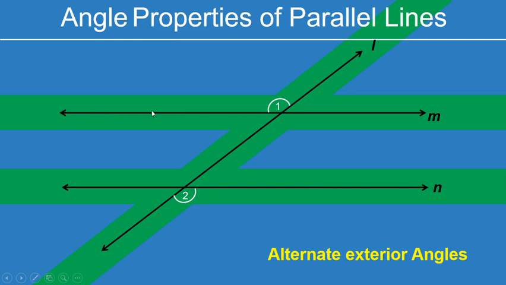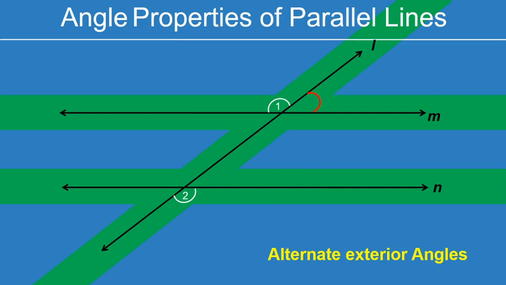For the alternate interior angle, we used the concept of the Z. In the Z, this angle and this angle were alternate interior angles. So the exterior angle adjacent to each of them is 1, and the same way, the exterior angle adjacent to the other one is 2. So angle 1 and angle 2 are alternate exterior angles.